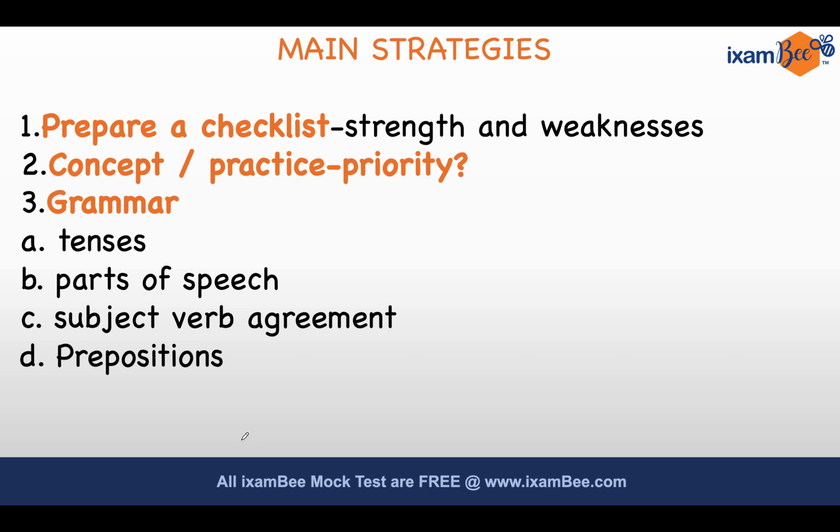But for that, again, let's go back to our strengths and weaknesses. Whatever approach you take, everything is dependent on this checklist. You have to find out which one you should prioritize, which one is your strength, and what are the areas of your weakness, right? That brings us to the third strategy, grammar.